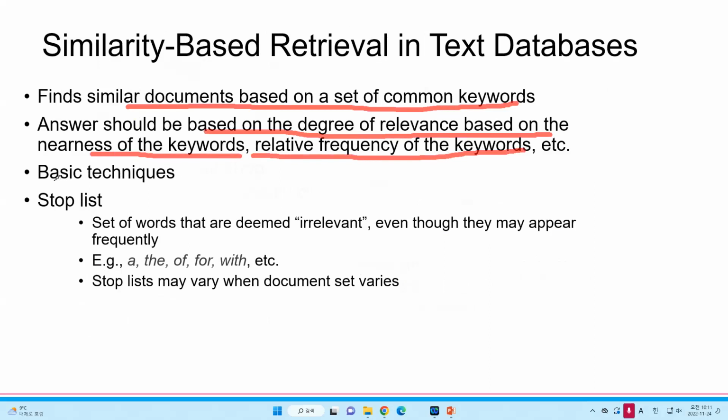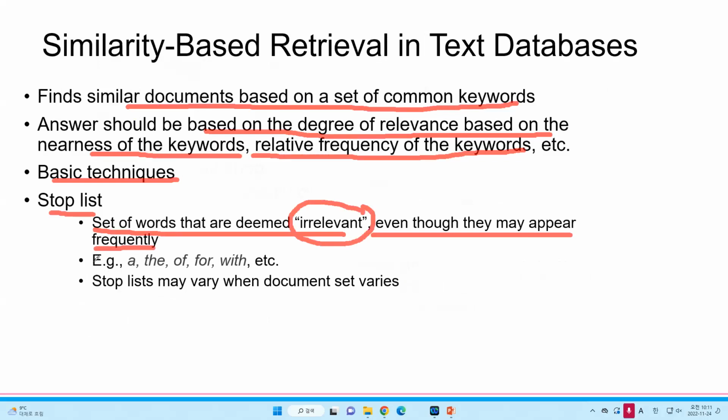Some of the basic techniques use a stop list. A stop list means a set of words that are deemed irrelevant, even though they may appear frequently. What does it mean? Irrelevant.